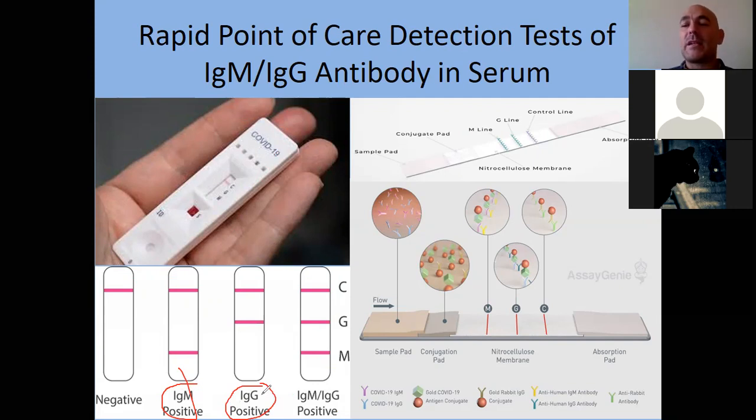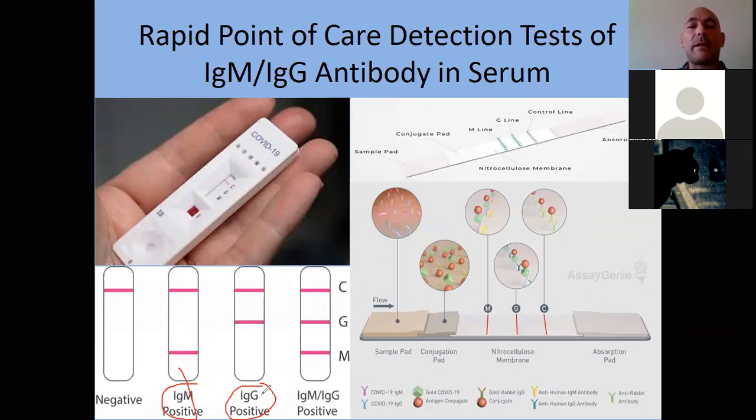So these are basically biomarkers in your blood that suggest that you have been infected by a virus, okay? This is not specific to COVID-19. This just tells you that you are infected with a virus, okay?